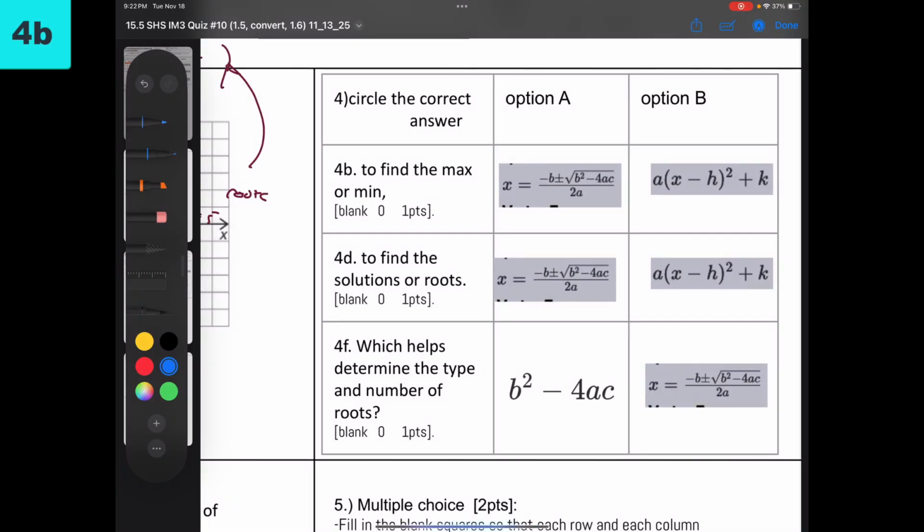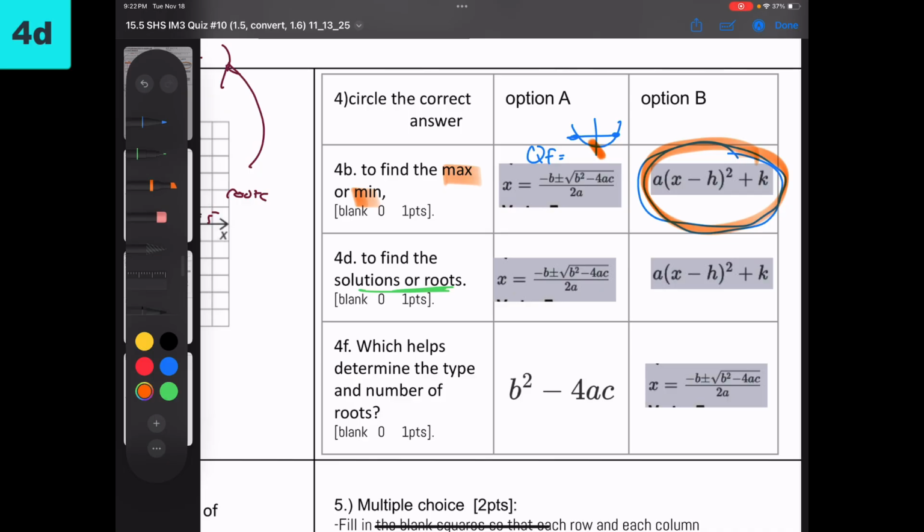4B, to find the max or min, you're probably going to use vertex form, which would be this one. This is the quadratic formula. This finds the roots. This choice finds that point, which is the max or min. Okay, 4D finds the roots.